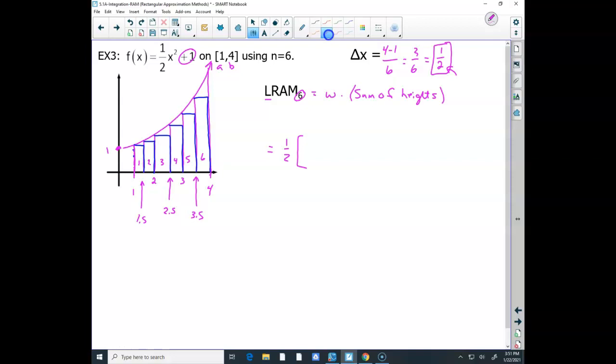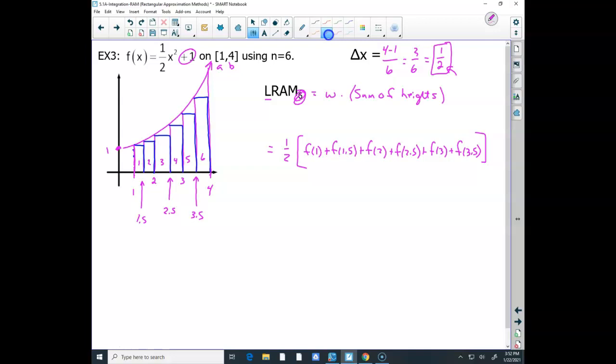So I need to take f of 1 plus f of 1.5 plus f of 2 plus f of 2.5 plus f of 3 plus f of 3.5. And I should have 1, 2, 3, 4, 5, 6 rectangles in there.